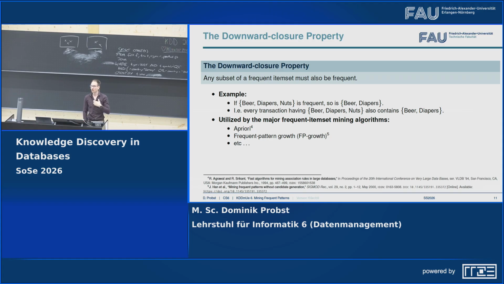And this is true for all frequent item sets. If we know that a 3 item set is frequent, then any subset of this 3 item set is automatically also above the threshold and therefore is also frequent.